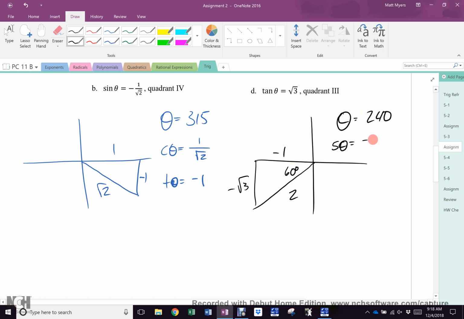Negative root 3 over 2. What's tan theta? Oh, cos theta. Sorry, we already have tan theta. What's cos theta? -1 over 2.